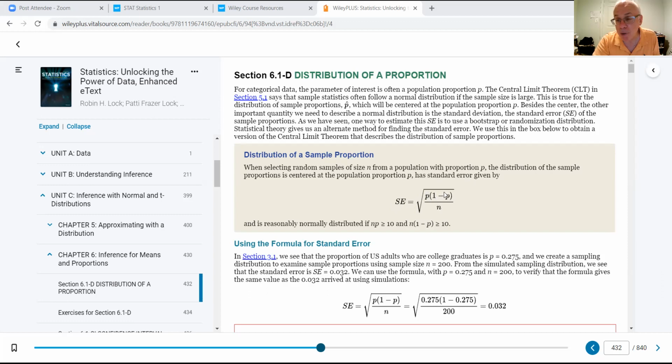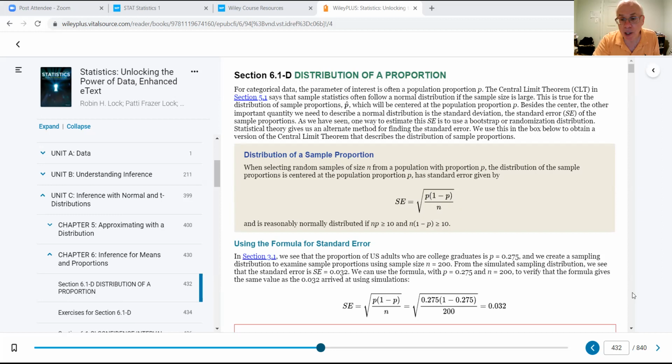That's the sample proportion, the proportion of people voting for candidate A versus candidate B. Now, P is the proportion, and 1 minus P is the complement, which in this case would be the people voting for candidate B instead of candidate A. And then there's the sample size, n. How many people are we asking this question to? The square root of this fraction is the standard error.